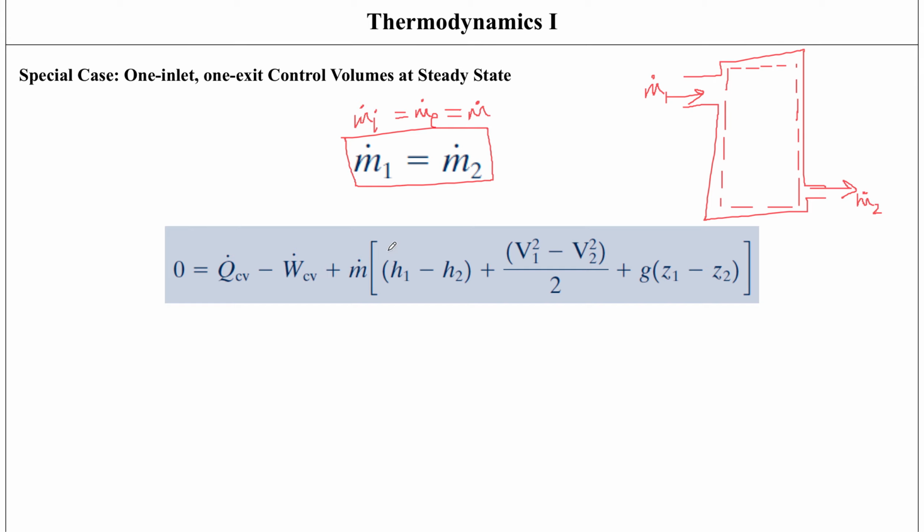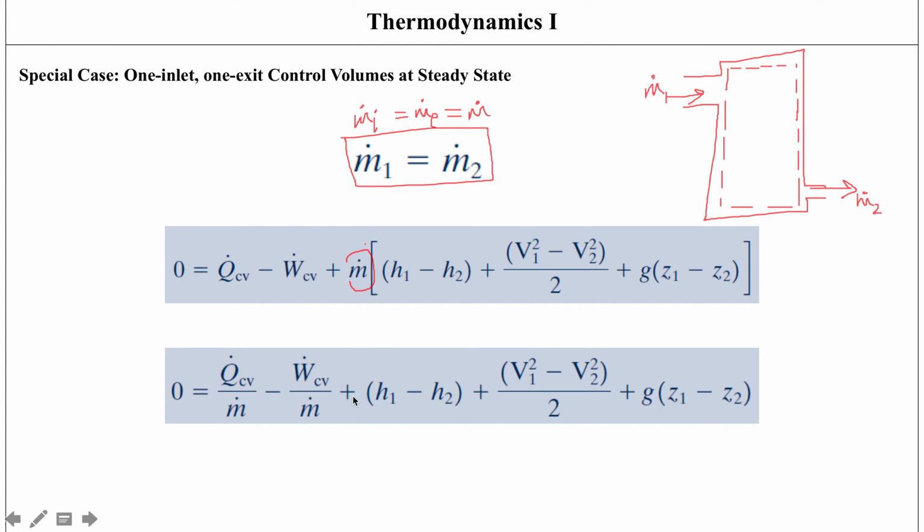Then we take this out as the common factor, multiplied with the differences between enthalpy, kinetic energy, and potential energy. Or if you were looking at this divided by mass flow rate, then this is the form of equation it's going to be reduced to.